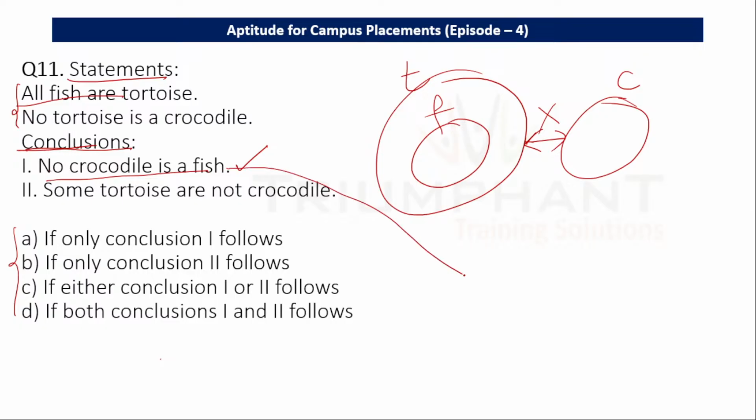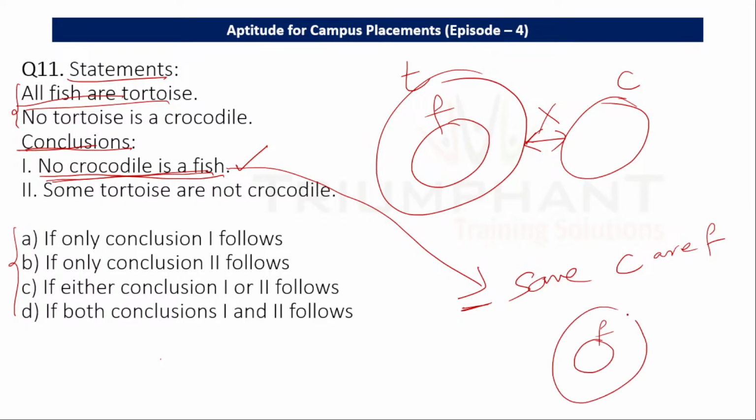So I'll check all alternate Venn diagrams, but rather than checking all of them, I will try to draw an alternate Venn diagram where this becomes false. What is opposite to no crocodile is fish? If I can prove some crocodile are fish, then I can prove this false. Can I prove some crocodile are fish? Now, if I try to draw an alternate Venn diagram, first statement, all fish are tortoise.